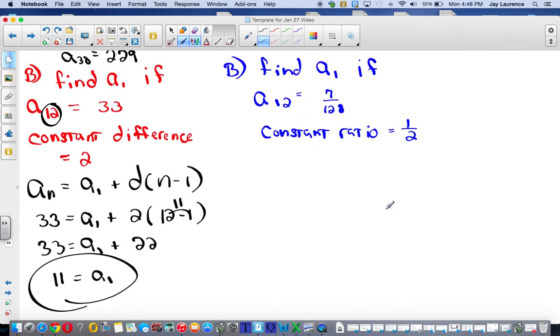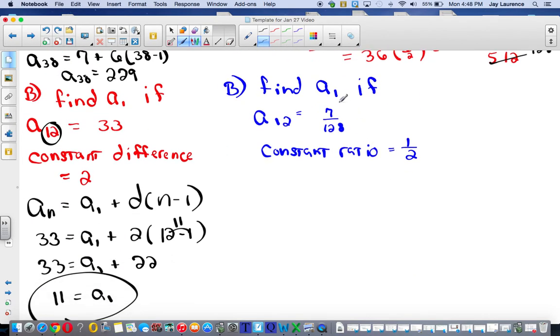All right? Okay. Find a sub 1 if a sub 12 equals 7/128 with a constant ratio of 1/2. So a sub 12 equals a sub 1 times the constant ratio to the power of n minus 1. I'll fill in what I know. A sub 12 is 7 over 128. A sub 1 I don't know.